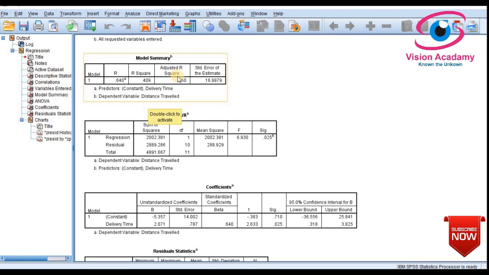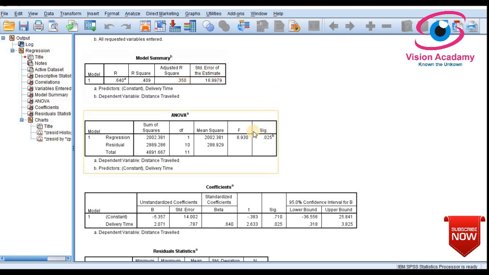So adjusted R square, what does adjusted R square mean? To improve the ability of the predictor, which in this case is delivery time, we look into the adjusted R square. Adjusted R square attempts to yield a more honest value by incorporating variation in the variables, which means it considers variation in the R square, the result we obtained by regression analysis. The adjusted R square is considered by default in SPSS software. The larger the sample size, the lesser the difference between adjusted R square and R square.